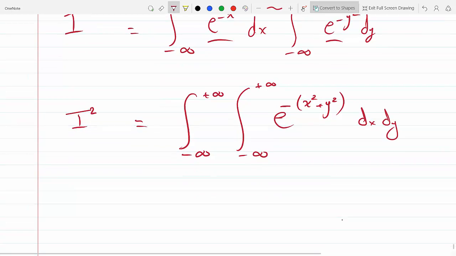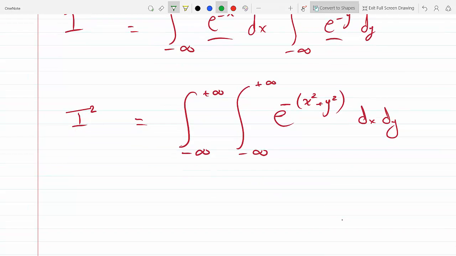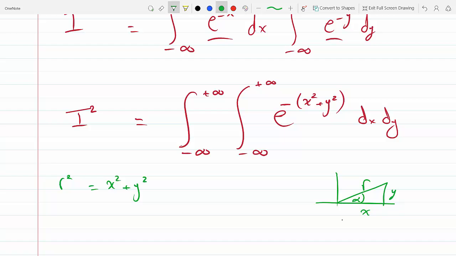Okay, now here it's convenient to use polar coordinates, because in polar coordinates I know that if this is x and this is y and this is angle alpha, I know that r squared is equal to x squared plus y squared. And I know that x is r cosine alpha and y is r sine alpha.